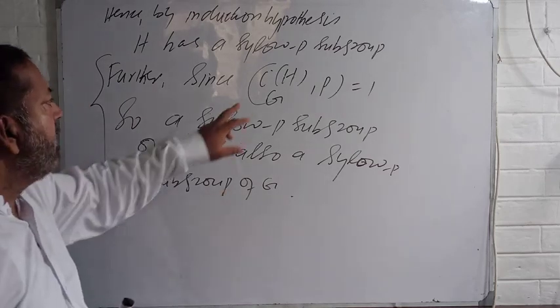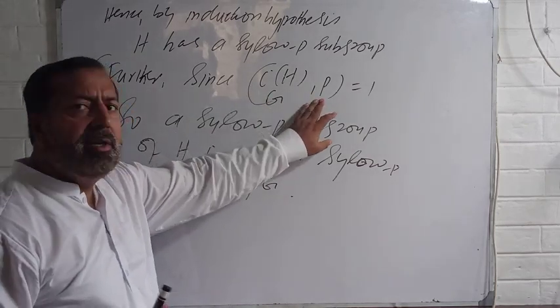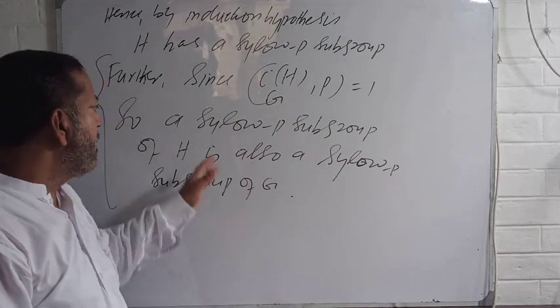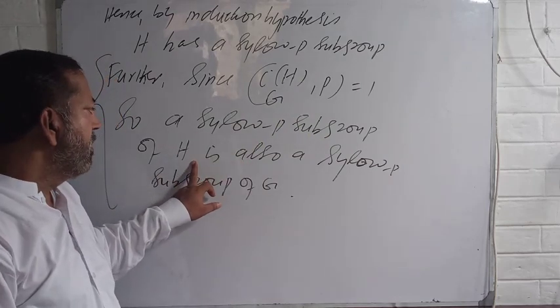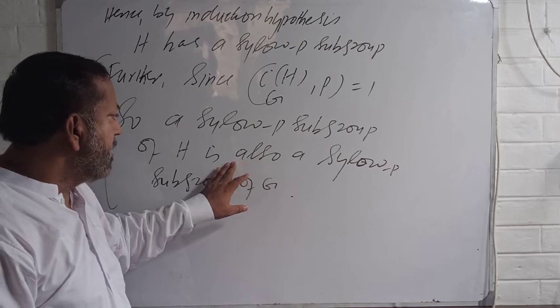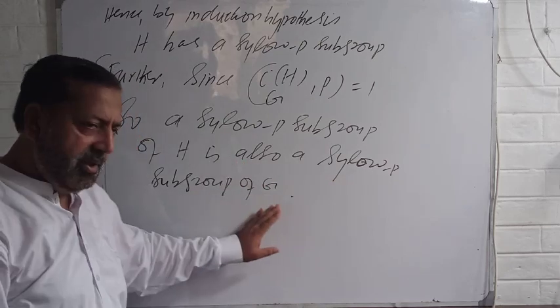I am saying that if index of H in G is prime to P, then every Sylow-p subgroup of H is also a Sylow-p subgroup of G.